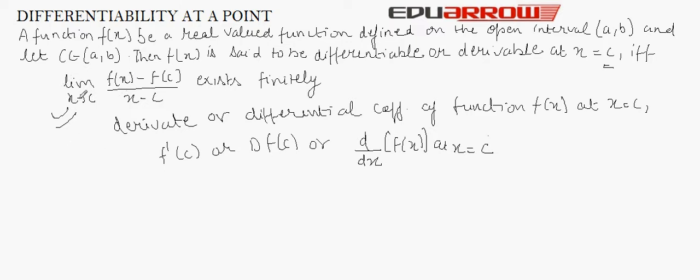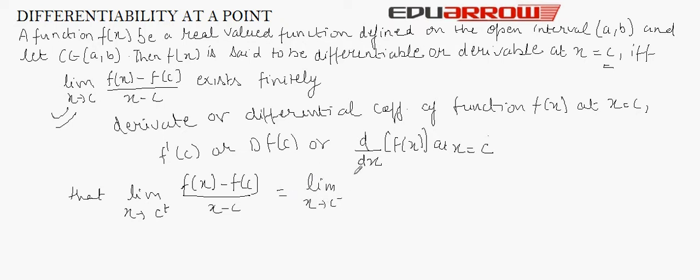The limit as x tends to c of (f(x) minus f(c)) over (x minus c) exists finitely means that the right hand limit, that is x tends to c positive, should be equal to the left hand limit, that is x tends to c negative.